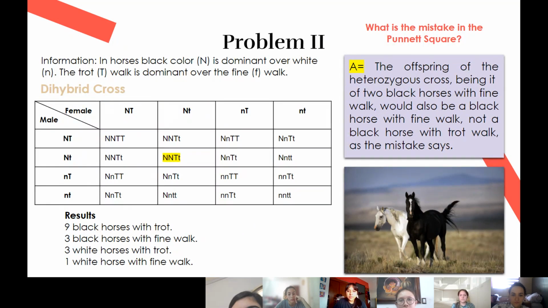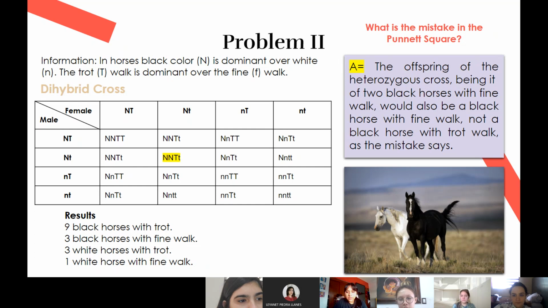Well, the second problem gives us the same information as the previous one. We can see a Punnett square that represents all the possible offspring of crossing each color and type of gait of horses. Looking at the results, they say there will be 9 black horses with trot, 3 black horses with fine walk, 3 white horses with trot, and 1 white horse with fine walk.